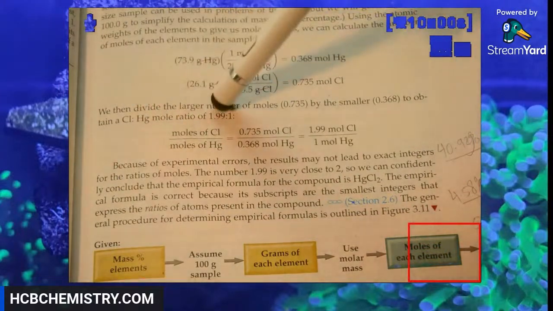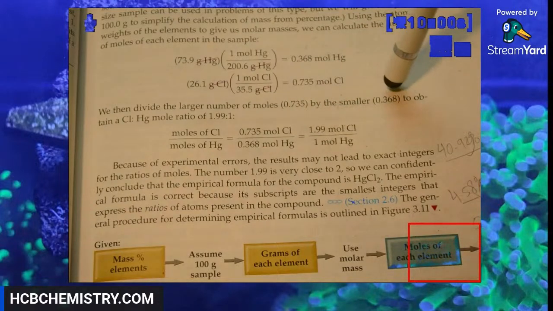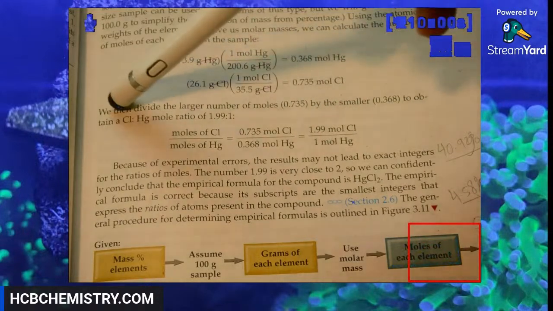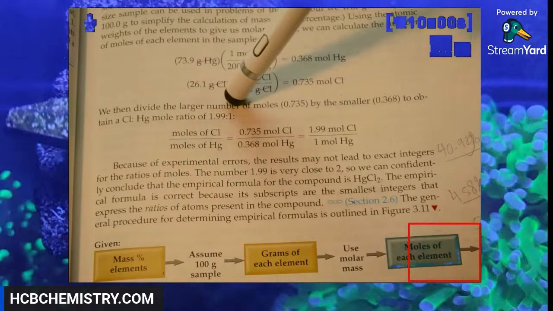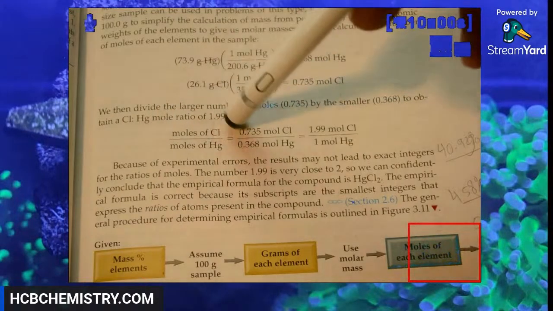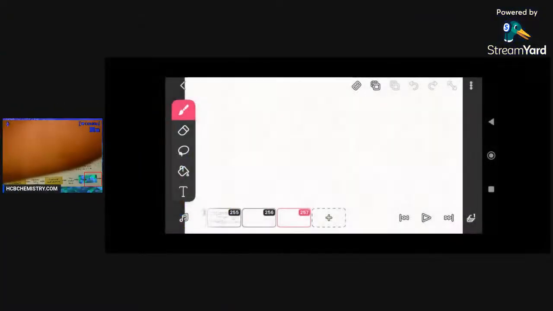When we divide the larger number of moles, 0.735, by the smaller, 0.368, we obtain a Cl to Hg mole ratio of 1.99 to 1. Okay, so what they're doing is grabbing the numbers that we got over here.